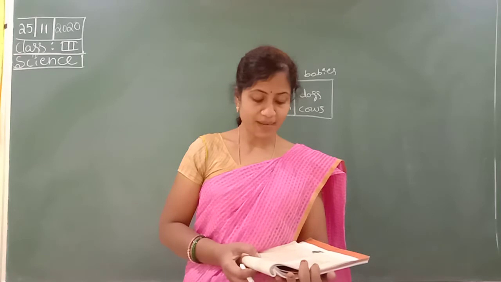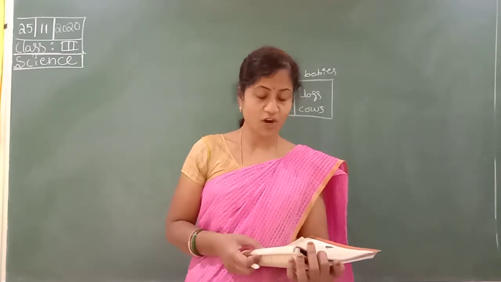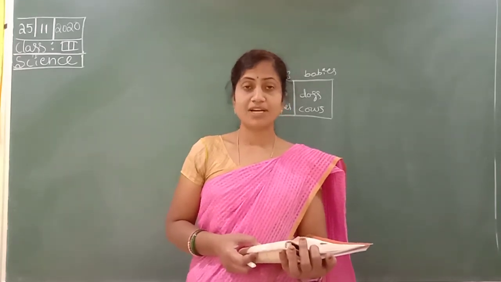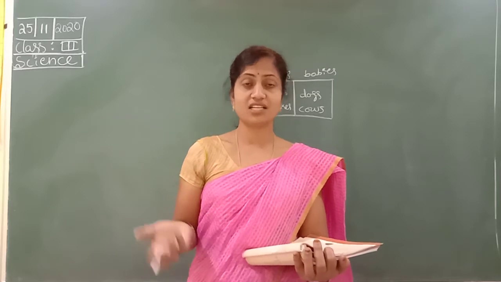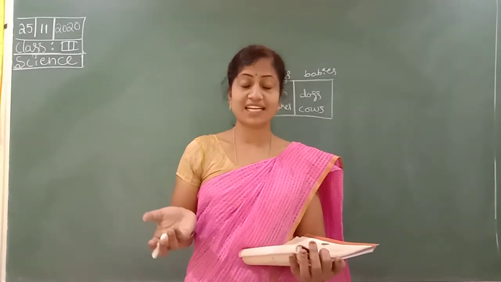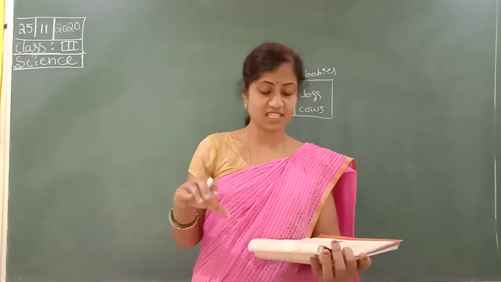So children of group A, paste a green colored paper on a drawing sheet. It is better to take the green chart; otherwise, a green drawing sheet means you have to paste it on that.